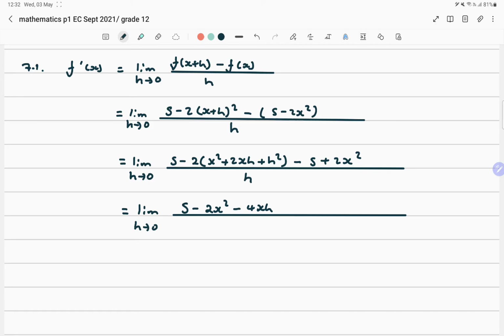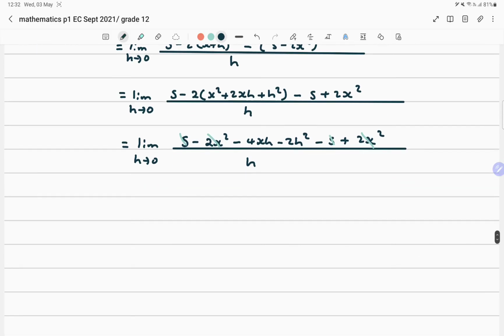So it's minus 4xh minus 2h squared minus 5 plus 2x squared over h. So these friends take care of each other just right. So if nothing takes care of each other, just know you are not doing well. Some things need to fall off.